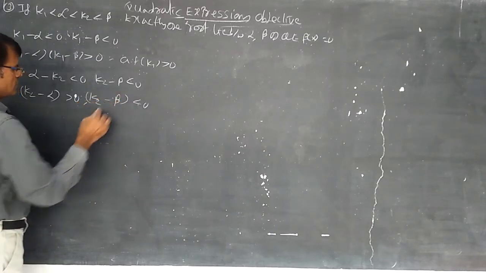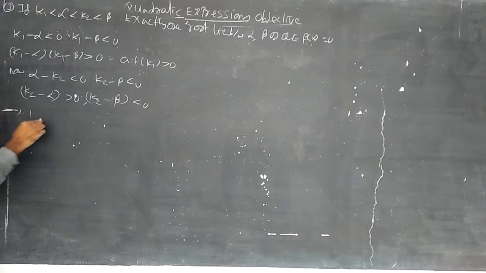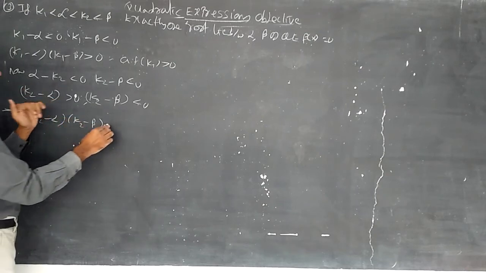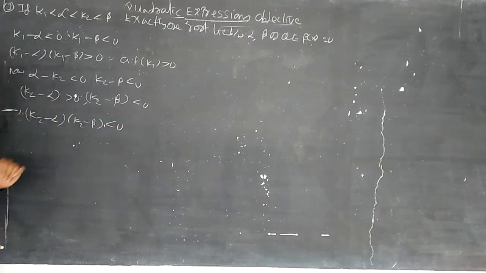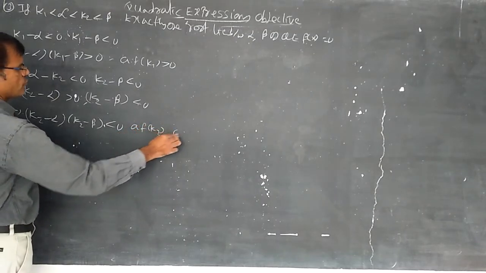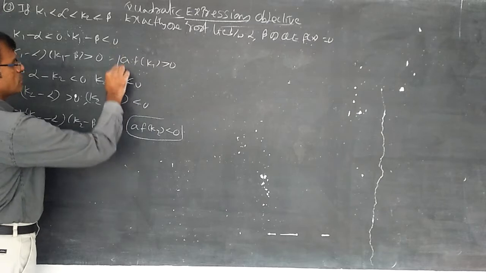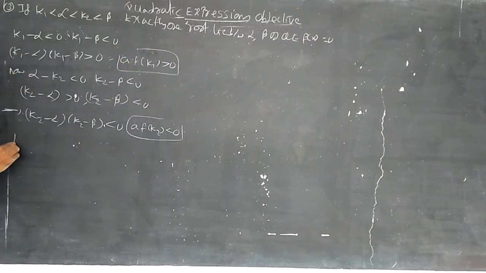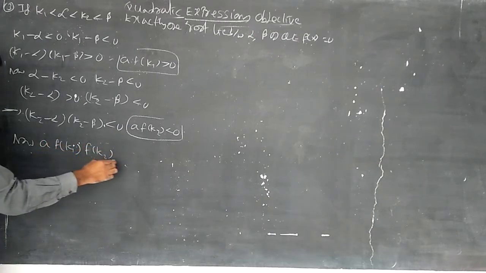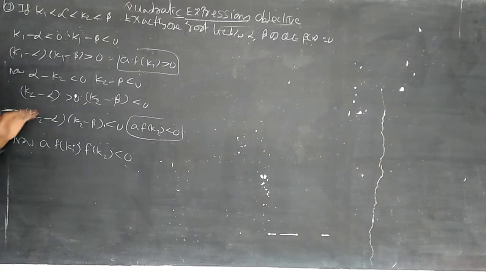Whenever you multiply both, plus into minus becomes minus. So you can write a into f of K2 less than 0. Multiplying both, you can write f of K1 into f of K2 less than 0.